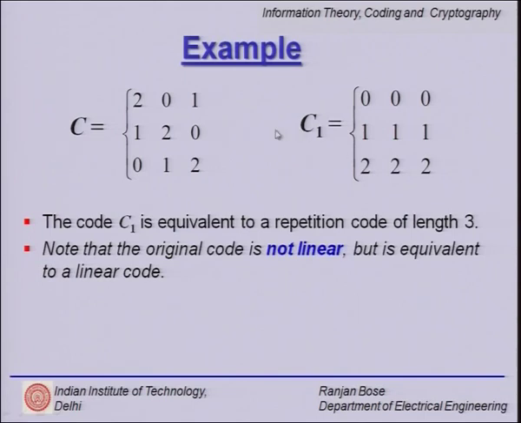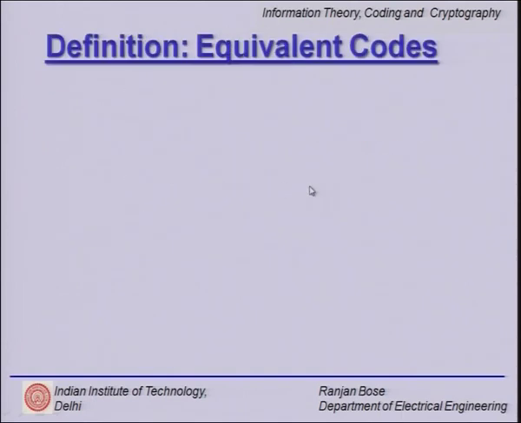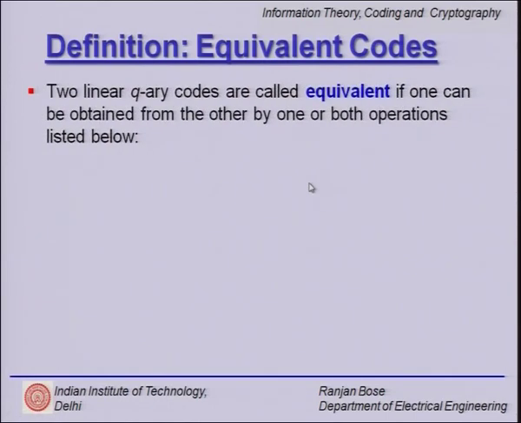So C1, which is equivalent, is a linear block code, whereas the first one is not. So let us go to a formal definition. Two linear q-ary codes are called equivalent if one can be obtained from the other by one or both operations listed below.